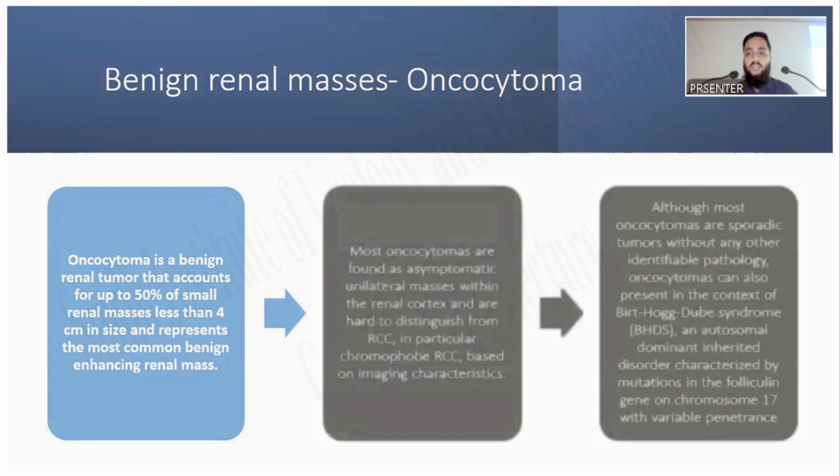Although most oncocytomas are sporadic tumors without any other identifiable pathology, oncocytomas can also present in the context of Birt-Hogg-Dubé syndrome, an autosomal dominant inherited disorder characterized by mutations in the folliculin gene on chromosome 17 with variable penetrance.